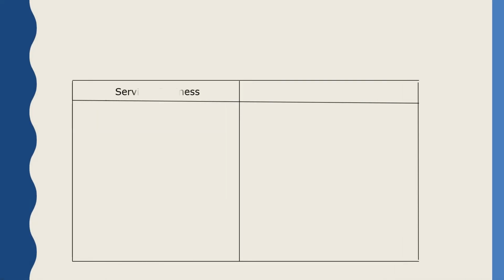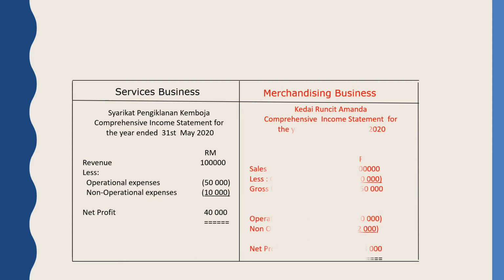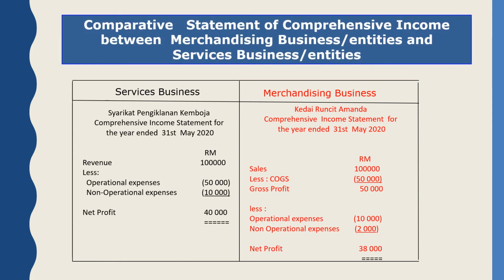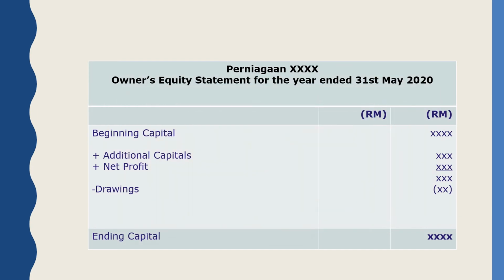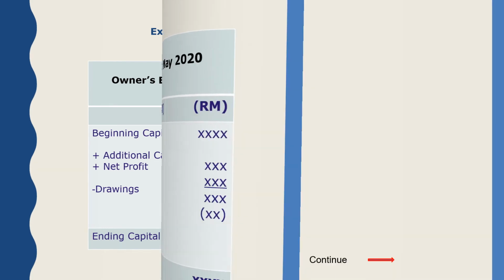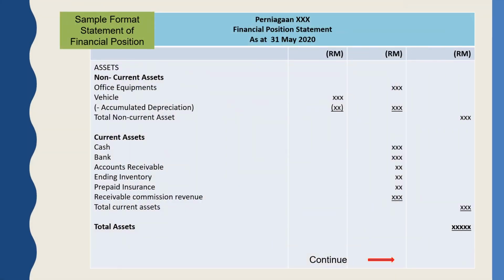Comparative statement of comprehensive income between merchandising business entities and services business entities. Income statement format examples. Example, owner's equity statement. Sample format, statement of financial position.